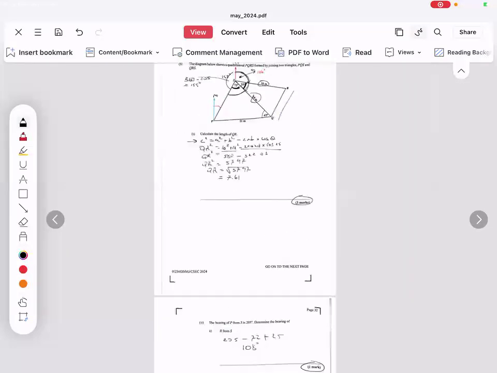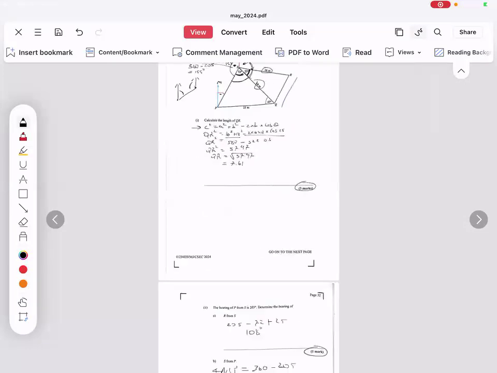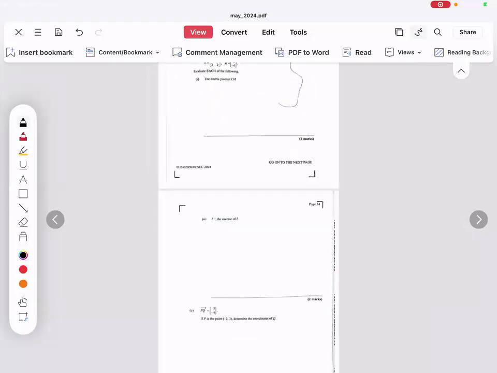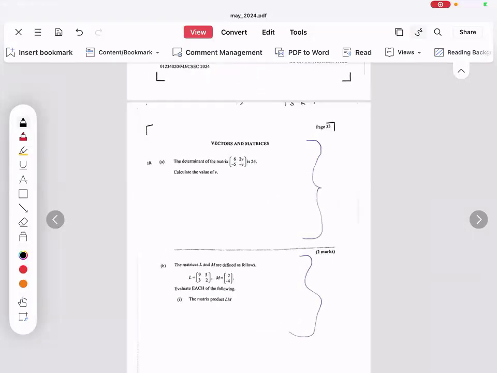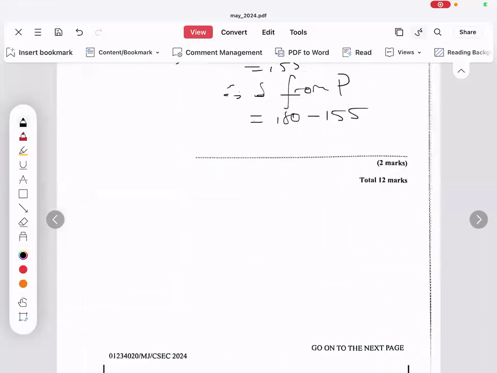So you know that because of co-interior angles. When you have two lines that are parallel, if you connect them, the angles on the inside add up to 180. So whatever this angle be right here, plus whatever this be, they both are going to add up to 180. And that is it. So this answer works out nicely to be 25 degrees.